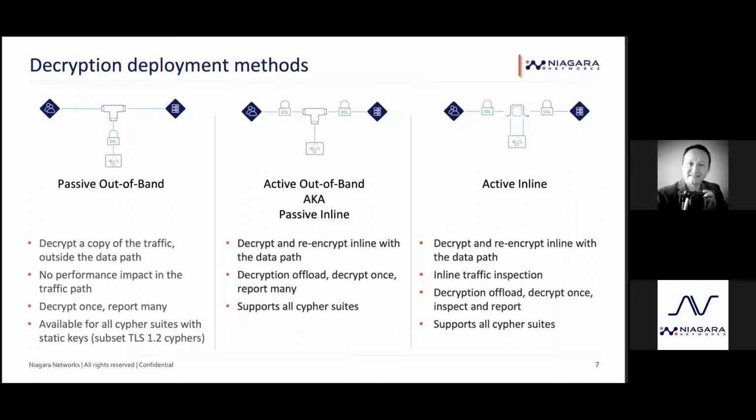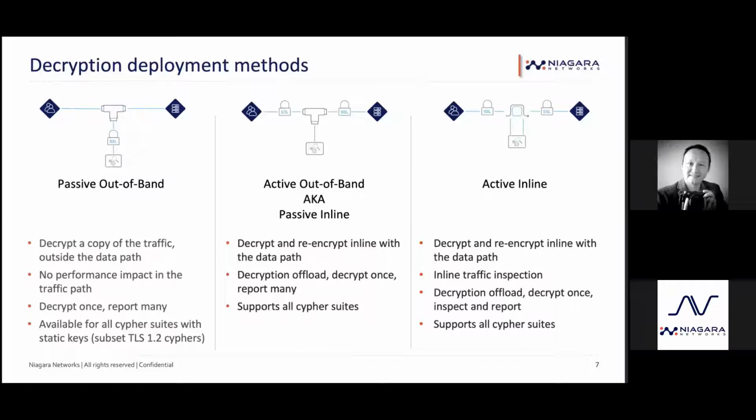By using a decryption offload, we can do the decryption and the encryption once, on the packet broker, and all security appliances in between do not have to do any encryption or decryption anymore, because it's offloaded to the packet broker.